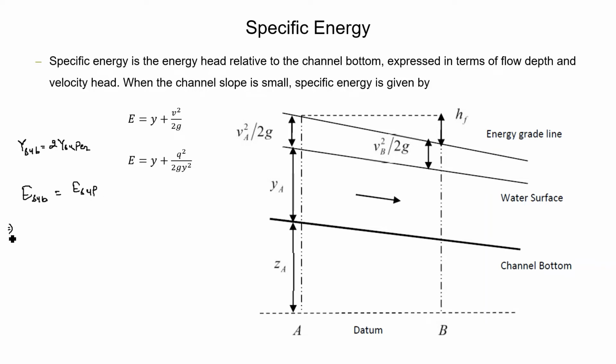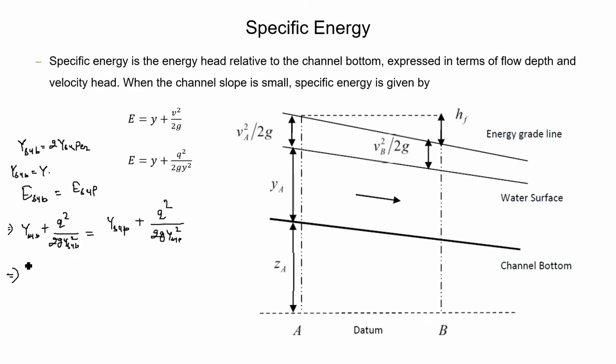Now, the E for subcritical can be written as y subcritical. Let us suppose y sub equal to y. So, y sub plus q square by 2g y sub square is equal to E for supercritical, that is y supercritical plus q square by 2g y supercritical square.